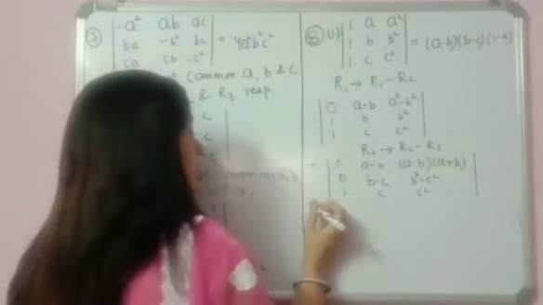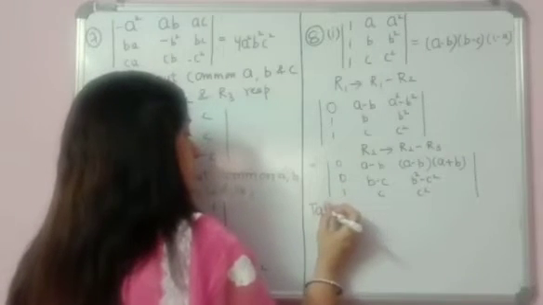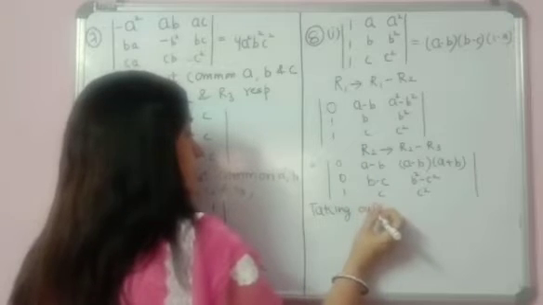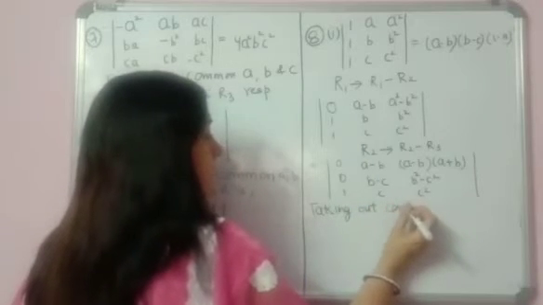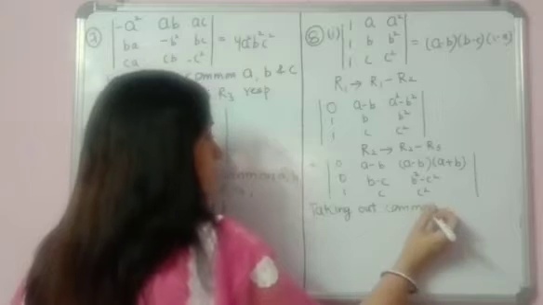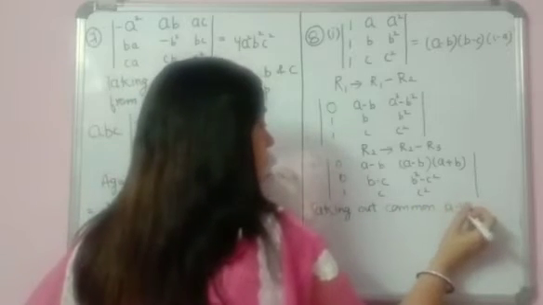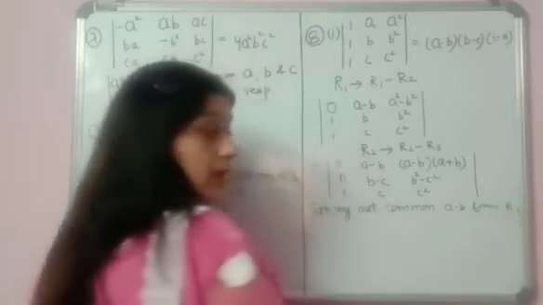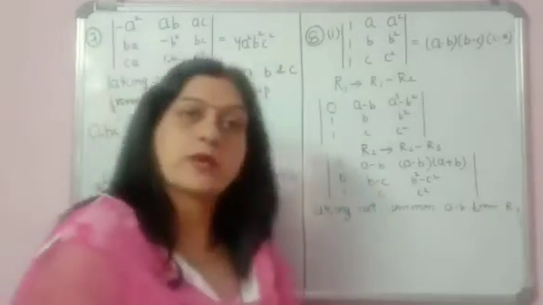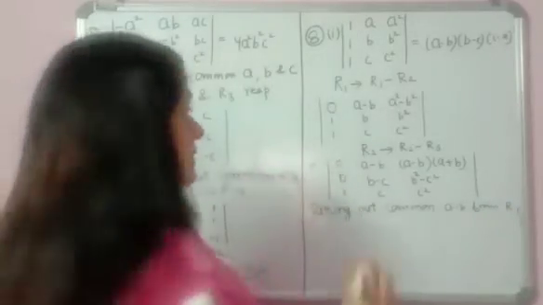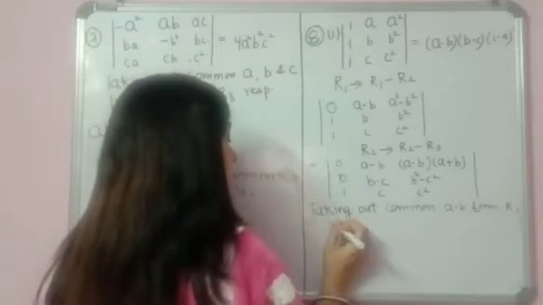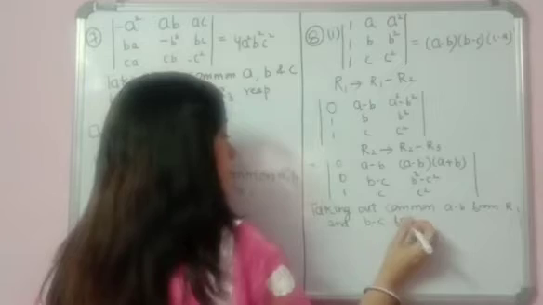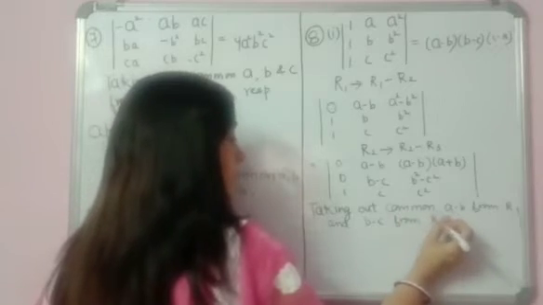So taking out common a minus b from R1, and from R2 what did we take common? b minus c, from R2, okay.